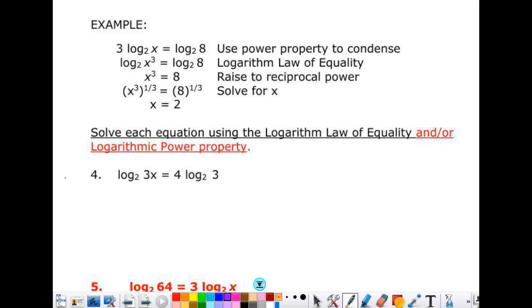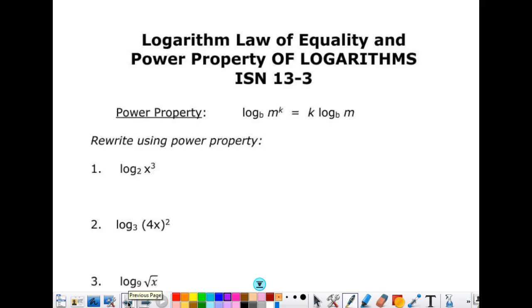Are there logs on two sides of the equal sign, or is there a log on just one side of the equal sign? If there's a log on just one side, that's like your blue paper yesterday, and you do the circle thing. If there's logs on both sides of the equal sign, we're going to learn what to do today, and it's pretty easy.